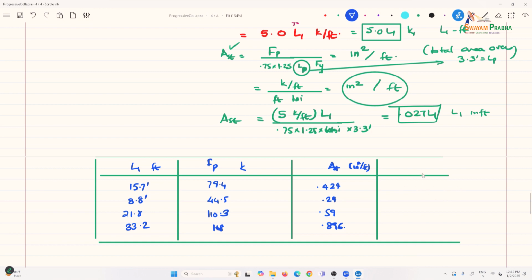For all of them, you can provide over 3.3 feet on either side of the opening. All of them, as you see, is prescriptive, no calculations.